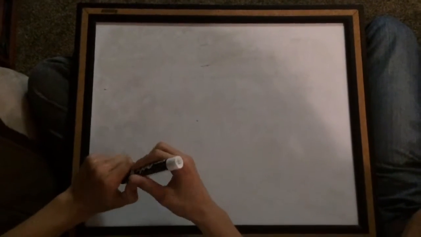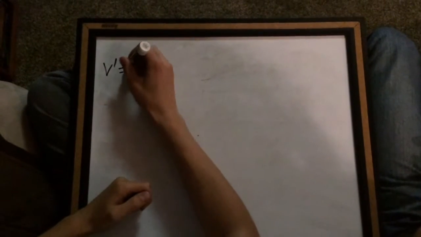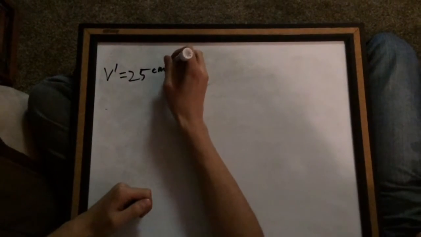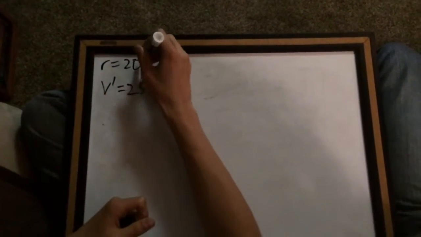Sure. Okay, see? First we have the dimensions of the root beer keg, and it seems that it has a radius of 20 centimeters and is leaking at a constant rate of 25 centimeters cubed per second. So write that down, team.